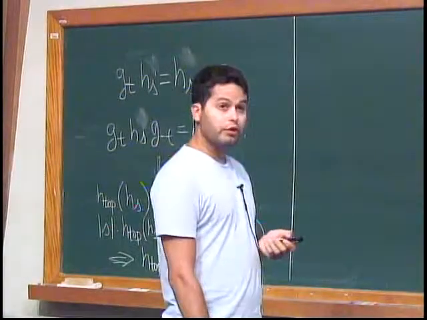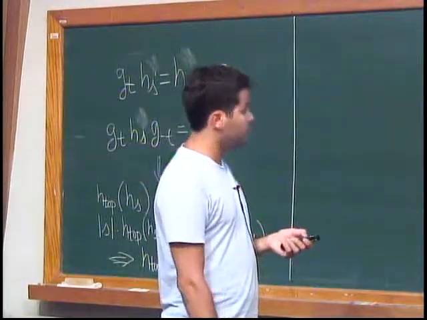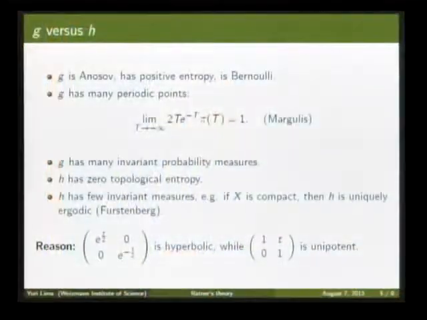And what we are going to see in Ratner's theorems is that we are going to change the space that we are acting on, X. In principle, we saw yesterday that it was H mod gamma. Now we are going to consider the quotient of a Lie group by a lattice, and we are going to change the horocycle flow, which is a specific case of a unipotent flow, to general unipotent flows.